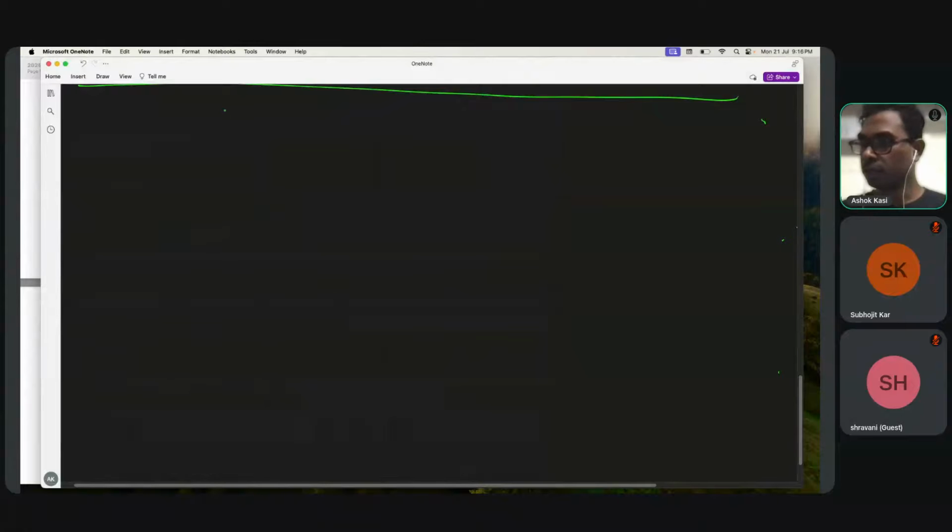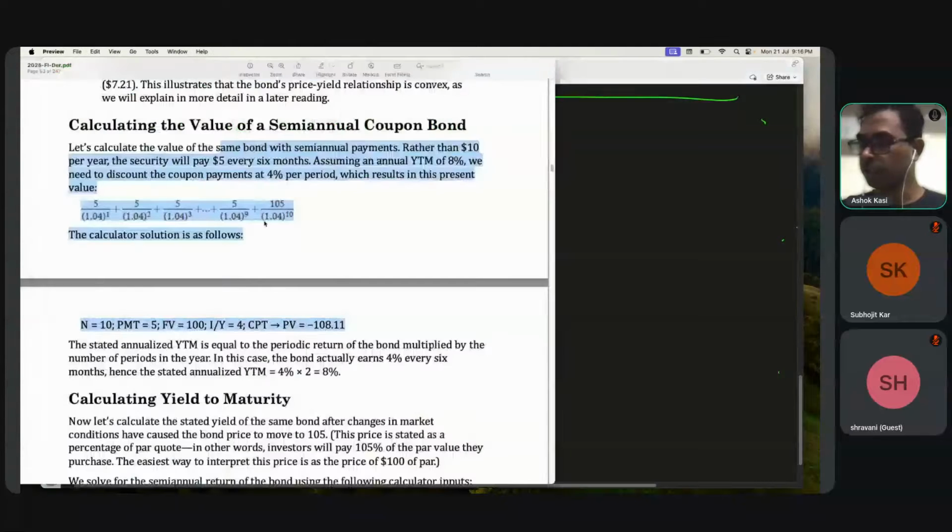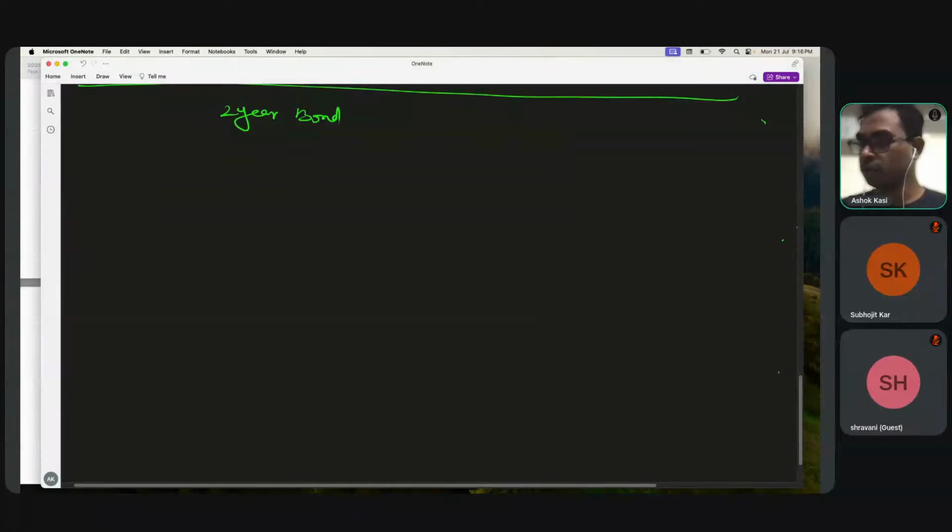So let's say a 2-year bond. Here it is 5-year, that becomes too much. 2-year bond. Coupon is 5% per annum, paid semi-annually.